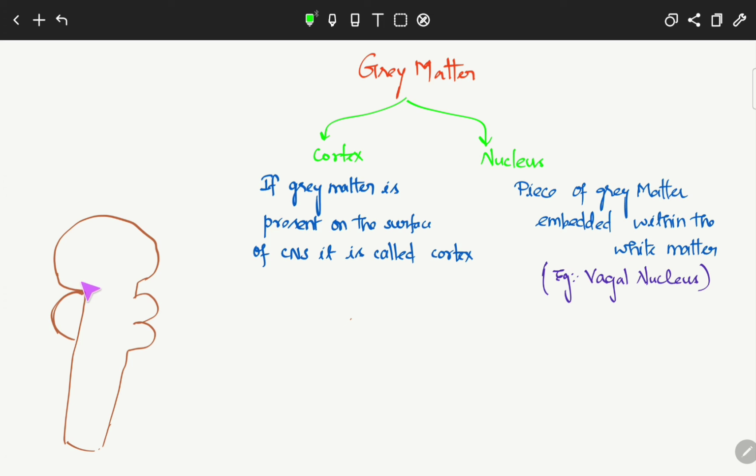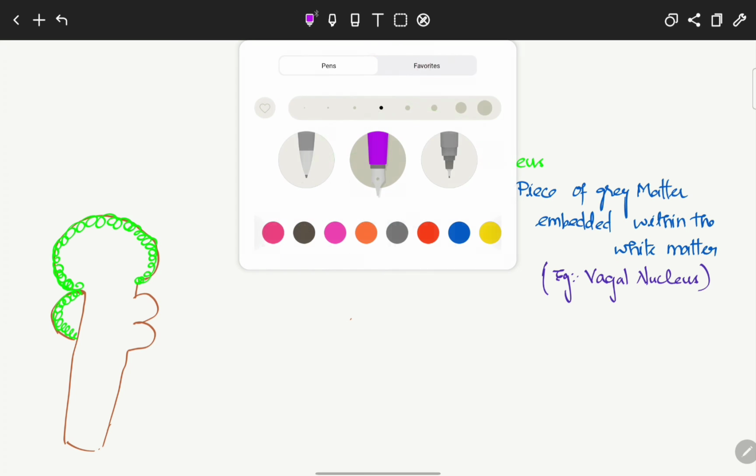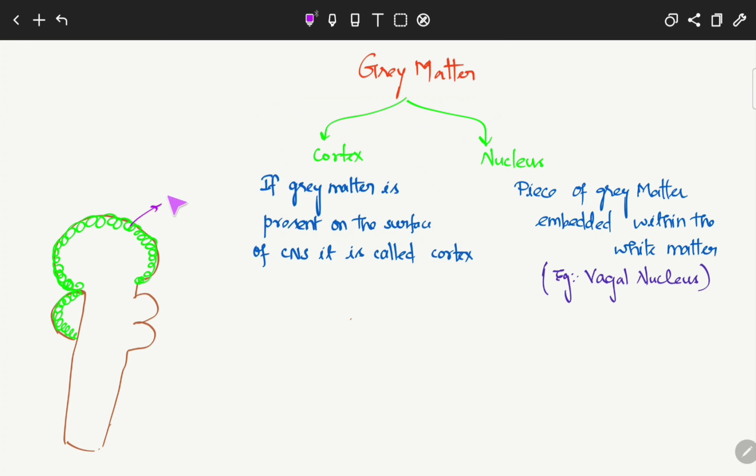So the grey matter present on the surface of the CNS is called the cortex. Hope by now it's clear. This is the cortex.